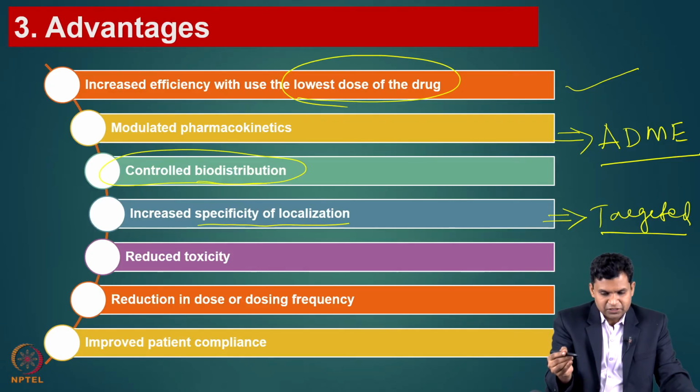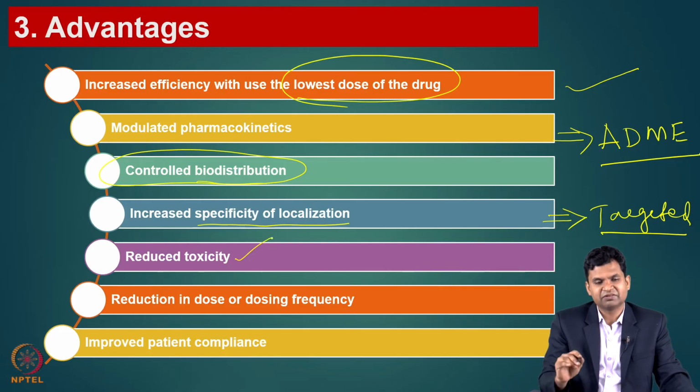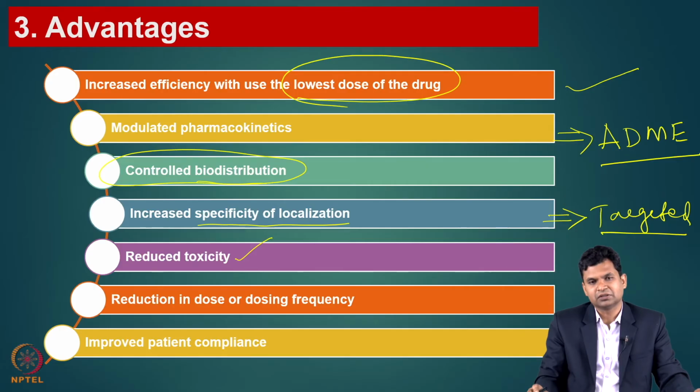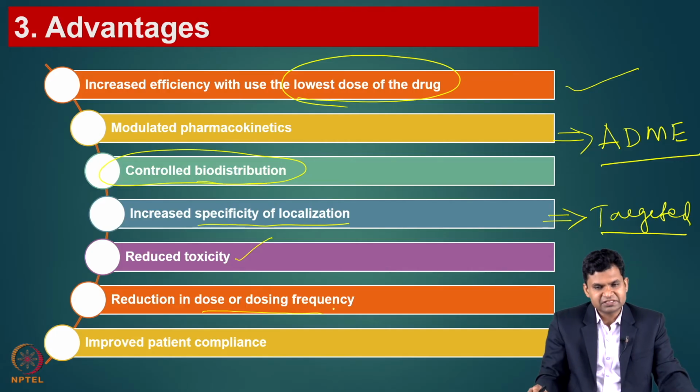And if you reduce the dose, we can also reduce the toxicity, and it will not bind to non-specific cells. So, that leads to reduced toxicity. We can also reduce the dose and dosing frequency with targeted delivery systems.